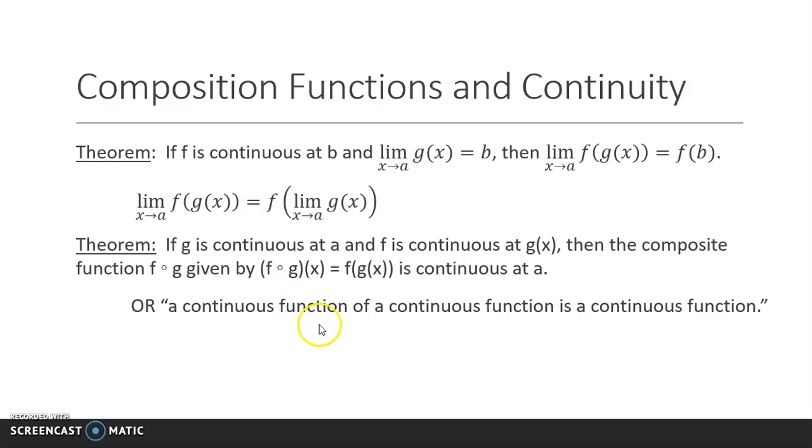So a continuous function of a continuous function is a continuous function. When I do composition of functions, as long as my outside function and my inside function are both continuous, then the resulting function is also continuous.